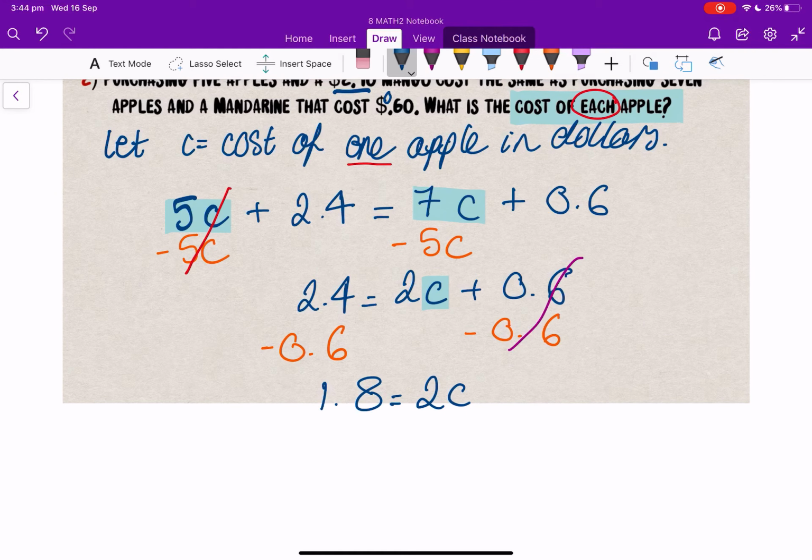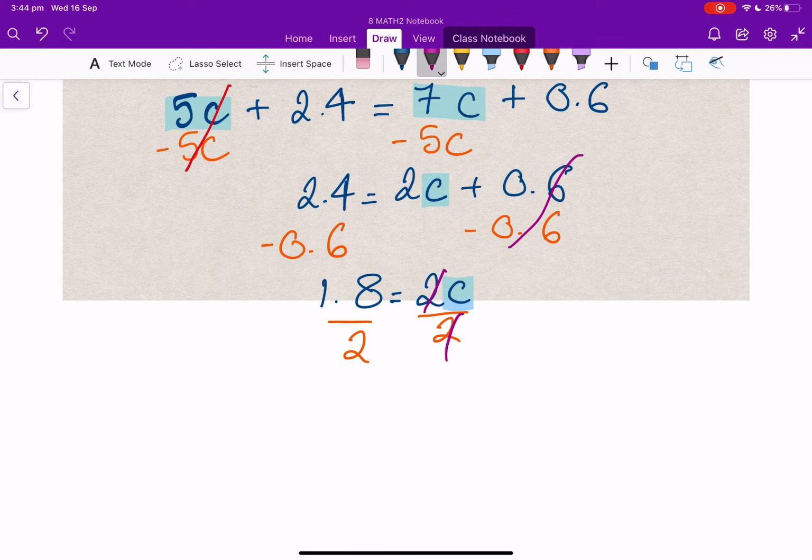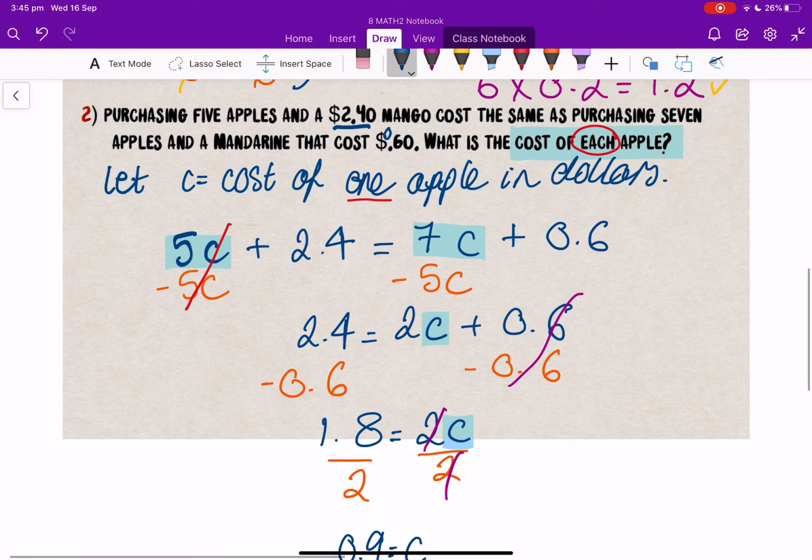We just need to now still get that C by itself by dividing both sides by 2, okay. On the right-hand side, I can cross out my 2. 1.8 divided by 2 is 0.9. So 0.9 equals C. So C, remember, is the cost of 1 apple in dollars, which is just what we were finding up here.